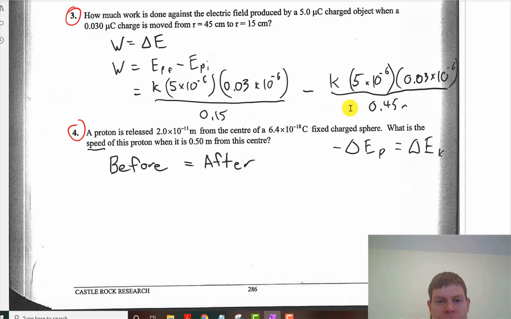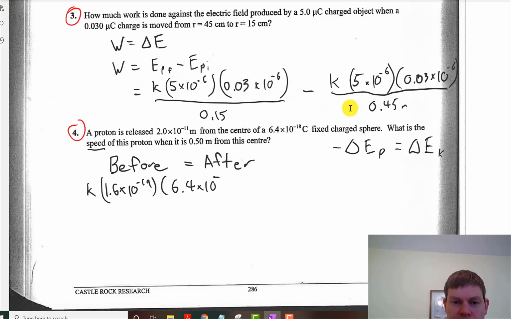So initially, it's super close to this charged sphere. Remember, we're going to have to use elementary charge for the proton, so we'll just do our KQQ over R before for our potential energy. So K, charge of our proton, which is 1.6 times 10 to the -19, elementary charge in your data pages. Charge of the fixed sphere, which is 6.4 times 10 to the -18, which notice is sort of a multiple of this guy, or should be.